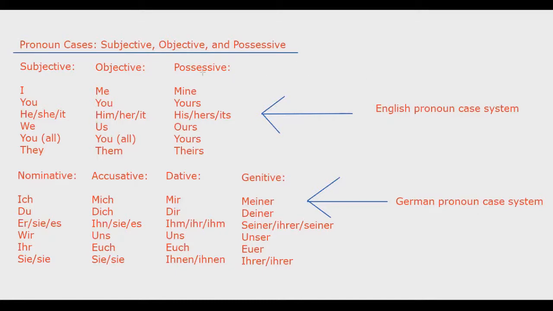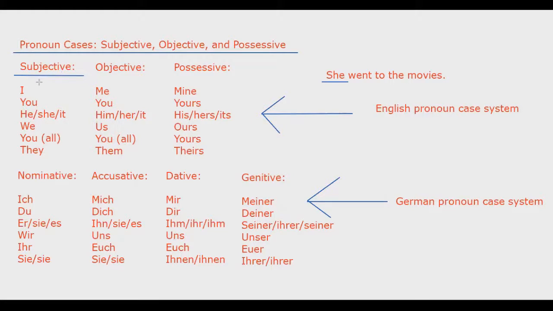Okay, so we have 3 cases, right? Subjective, objective, and possessive. In English, subjective corresponds to the subject. For example, the subject of this sentence is she: she went to the movies. So the subjective case corresponds to the subject of the sentence.